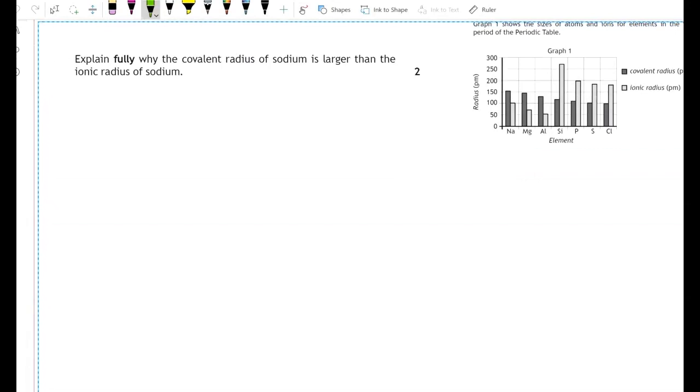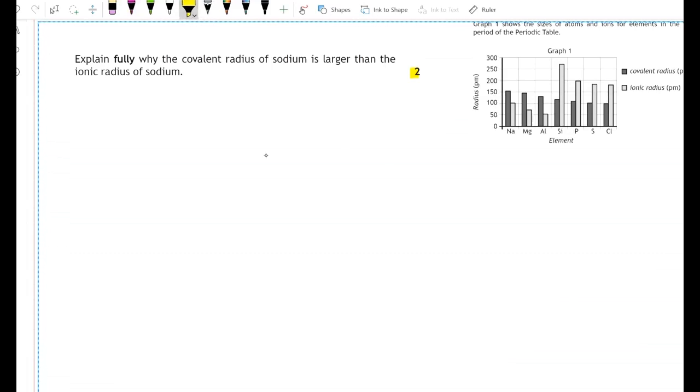This question, part 2 of the question that we've just looked at, is a 2 mark question, and so a bit more information is required. So we're asked to explain fully why the covalent radius of sodium is larger than the ionic radius of sodium.